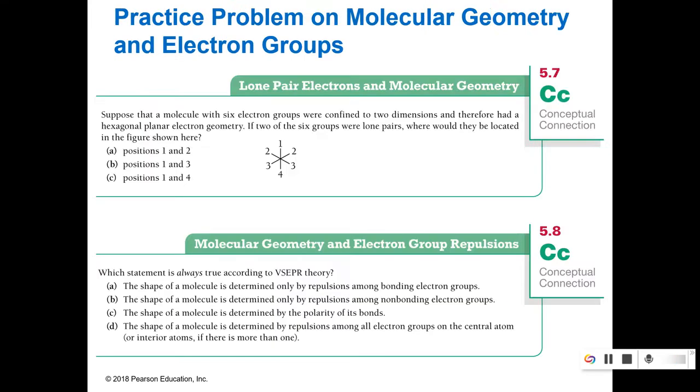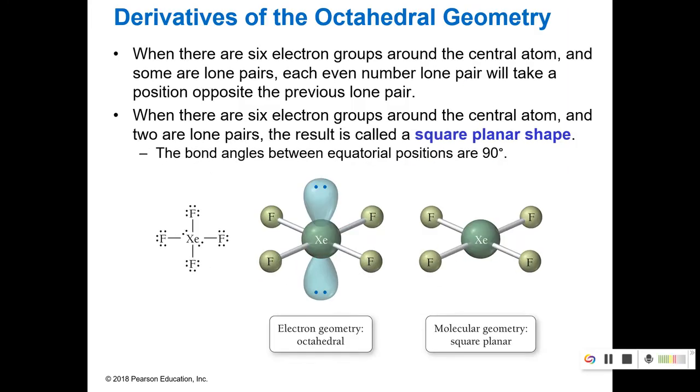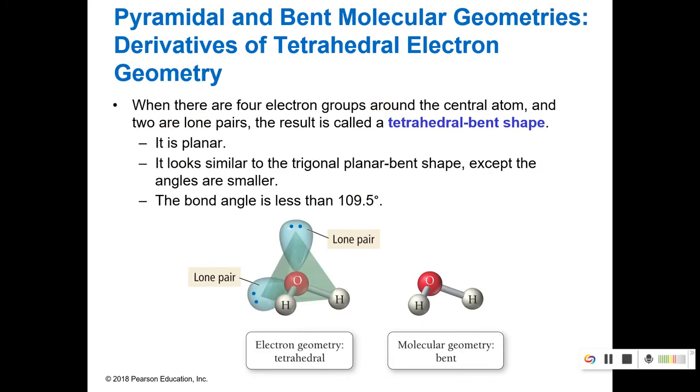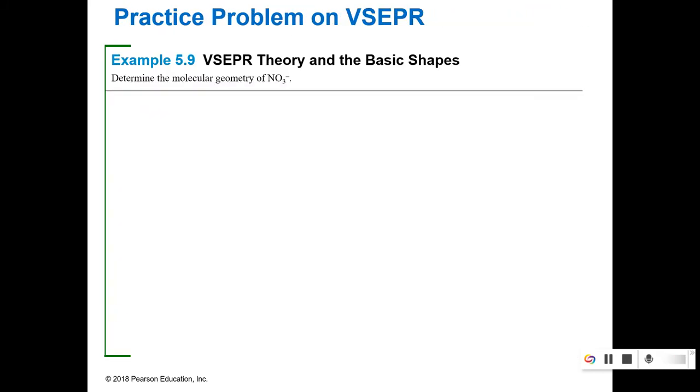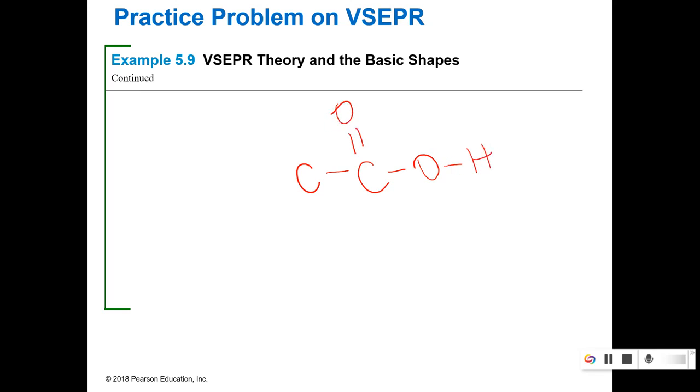There's probably some more. Where are my structures? Here we go. Well, I want ones with double bonds. Okay, well, let's just draw something larger. Okay, this is our structure.